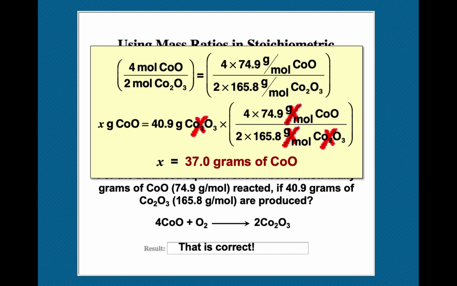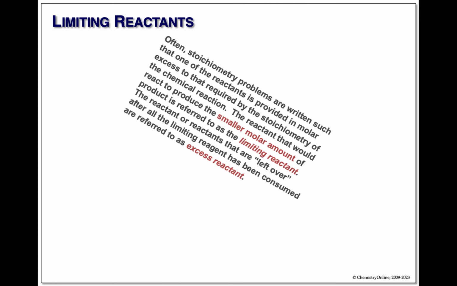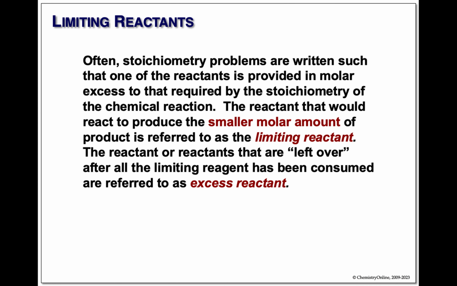next is the concept of limiting reactants. Now, limiting reactants in general is a general chemistry exercise. It's not difficult. You do the exact same mole calculations we've just done, except you do it twice. So it's tedious.